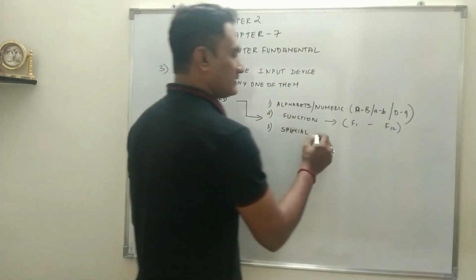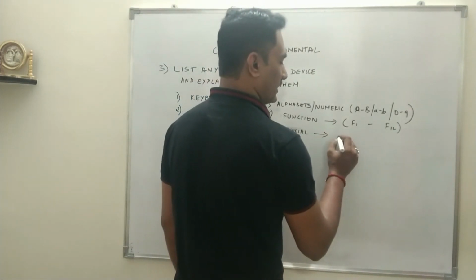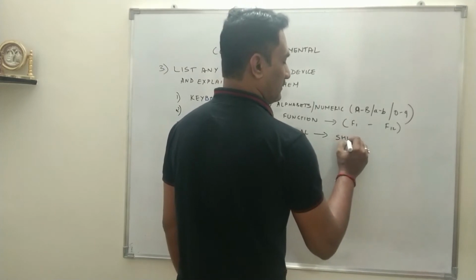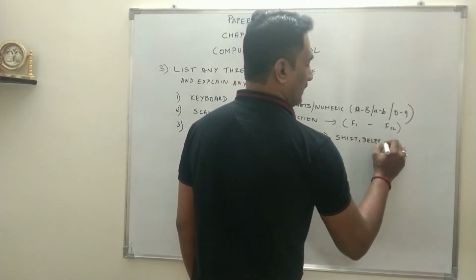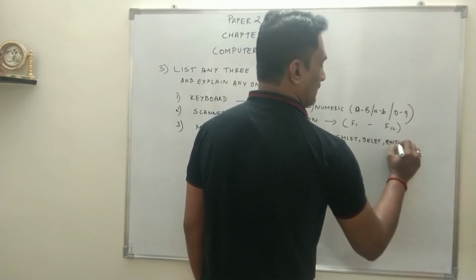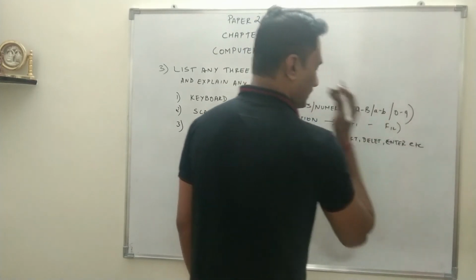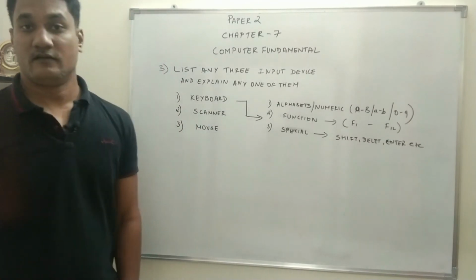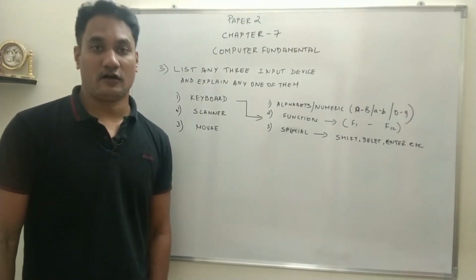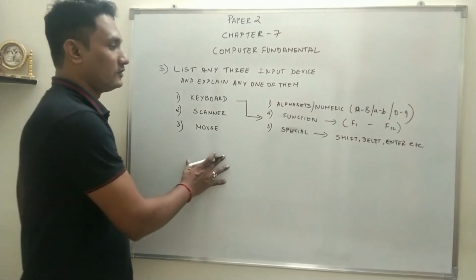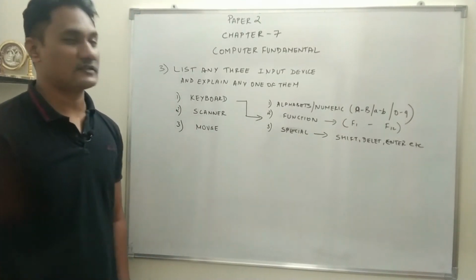And special keys, such as shift, delete, enter, etc. All these are special keys which will perform a special task to perform all the operations. So this will be the question: list any 3 input devices, explain any one of them.